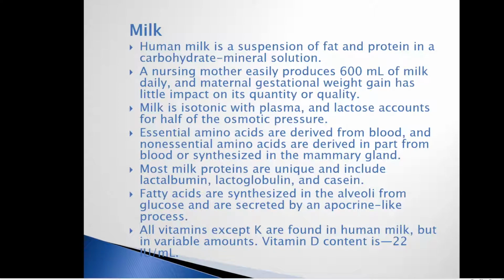Essential amino acids are derived from blood, and most milk proteins are unique and include lactalbumin, lactoglobulin, and casein. Fatty acids are synthesized in the alveoli from glucose and are secreted by an apocrine-like process.